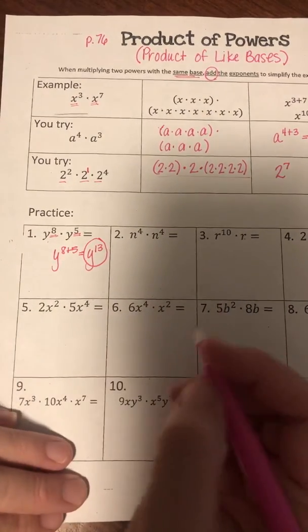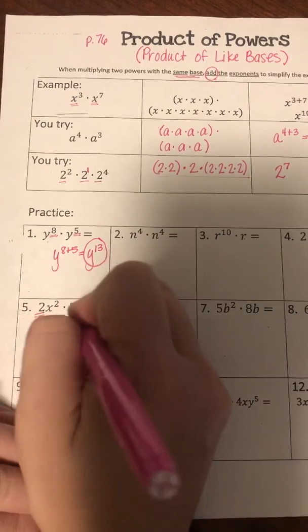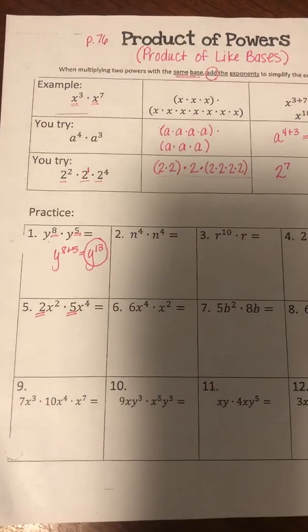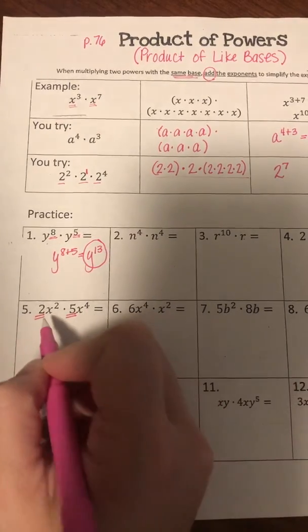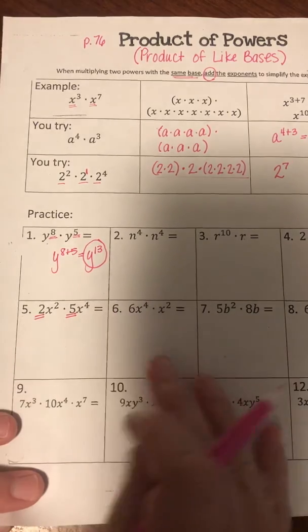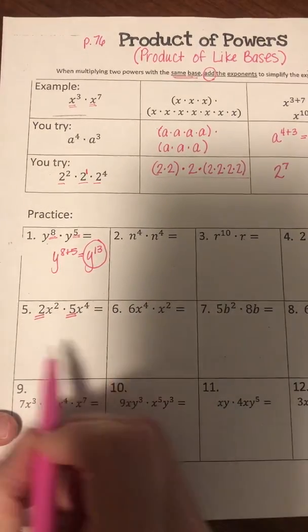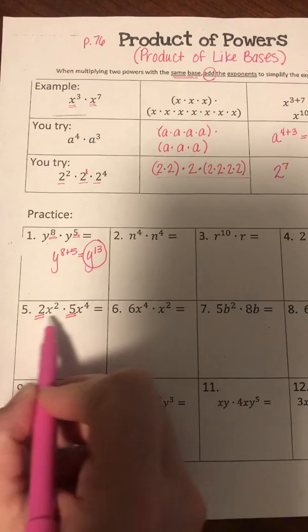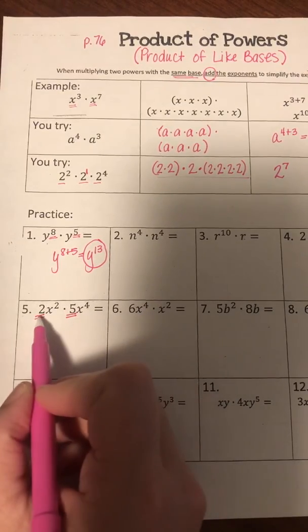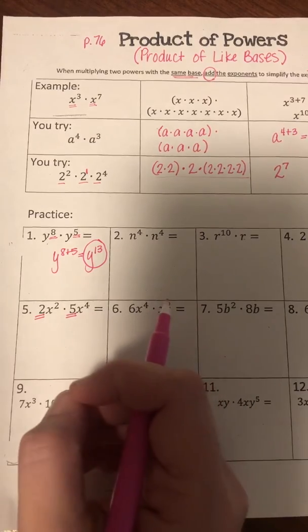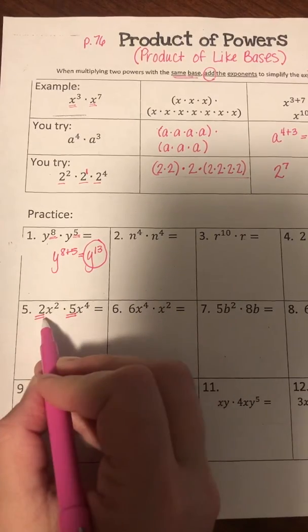Number 5, I want to look at, because this one is slightly different, because it has two different coefficients in front of our x values here. And when you're in a situation like this, there's a few on the page like this, you can still multiply just like you normally would. You can multiply your coefficient. So we can just kind of take these two numbers out and multiply those separate.